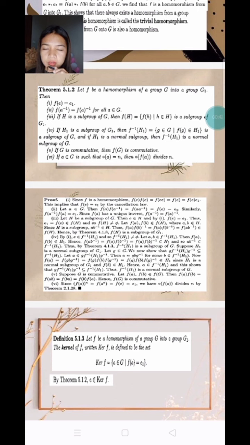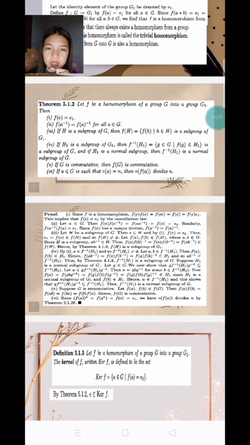Number 4, if H sub 1 is a subgroup of G sub 1, then the inverse image of H sub 1, which is the set of g in G such that f of g is in H sub 1, is a subgroup of G. And if H sub 1 is a normal subgroup, then the inverse image of H sub 1 is a normal subgroup of G. Number 5, if G is commutative, then f of G is commutative.